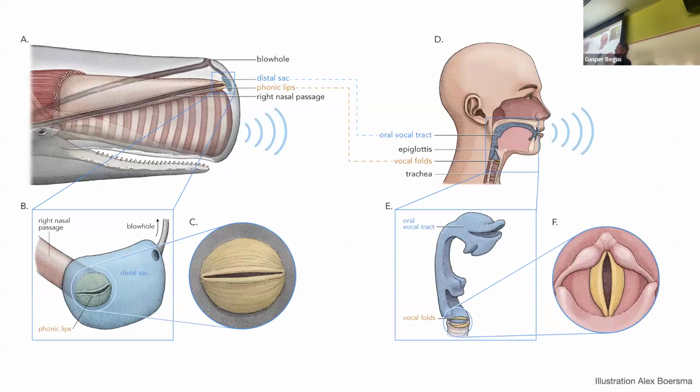formant patterns. And I was very happy to realize that if you look at how this is articulated, I was reading this paper on where these resonant frequencies are coming from. And I realized, oh yeah, it makes perfect sense. They have phonic lips, convergent evolution, nothing to do with our vocal folds, but very similar. And on top of that, they have the so-called distal air sac.